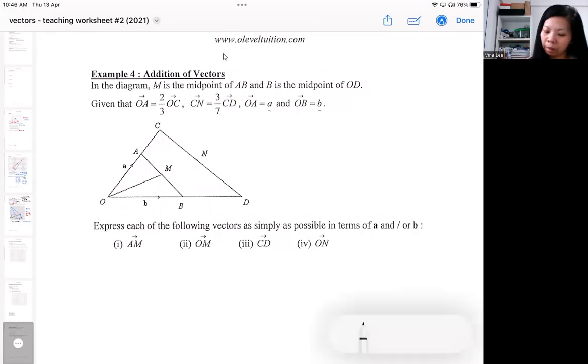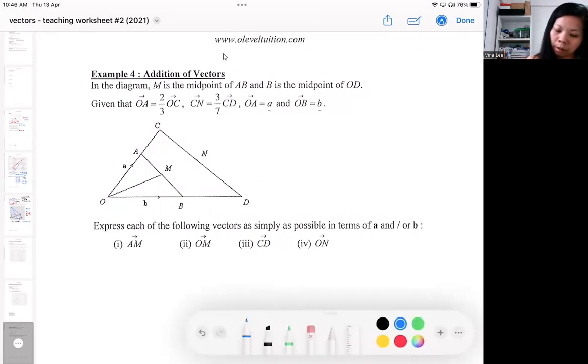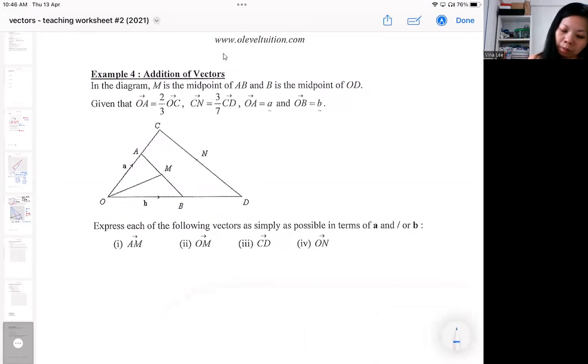So for example, here in this case, the question says M is the midpoint of AB. So you do some integration first to remember that it's actually a midpoint. Being a midpoint, you can tell that AM is half of AB. Then after that, we also got B is the midpoint of OD.